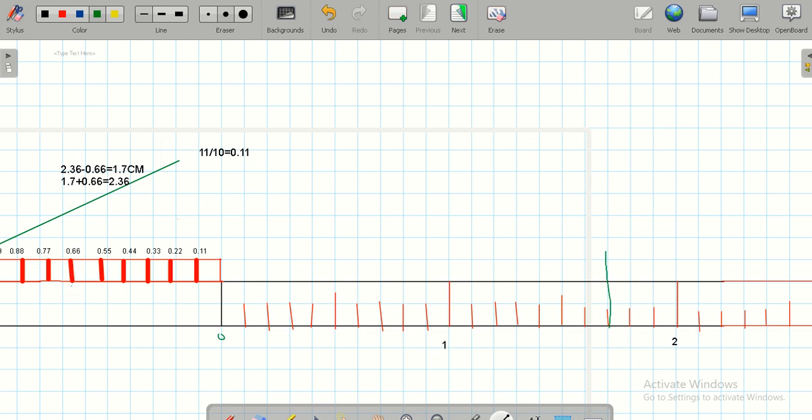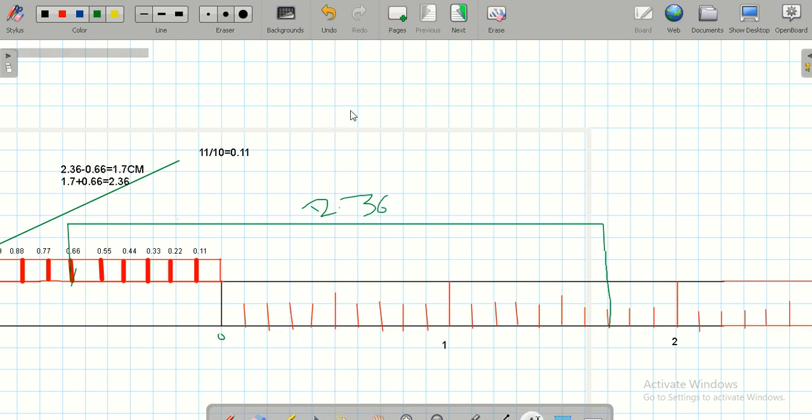You will measure 0.66 here. This total length now becomes how much? 2.36, isn't it?